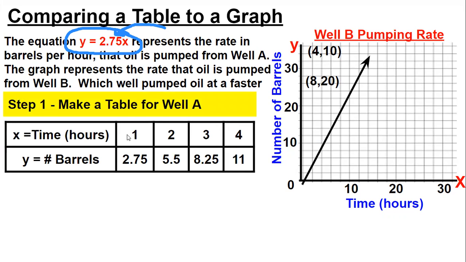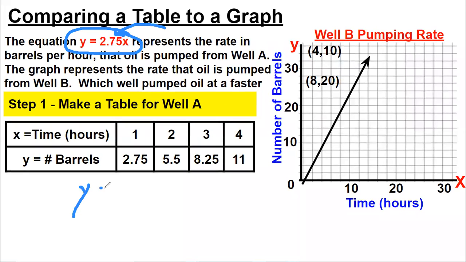So if I plug in 1 hour of time, I multiply that. So I'm plugging in y equals 2.75 times 1 hour. That's my x. So I just multiply that. 2.75 times 1 is 2.75. Then I'm going to plug in 2.